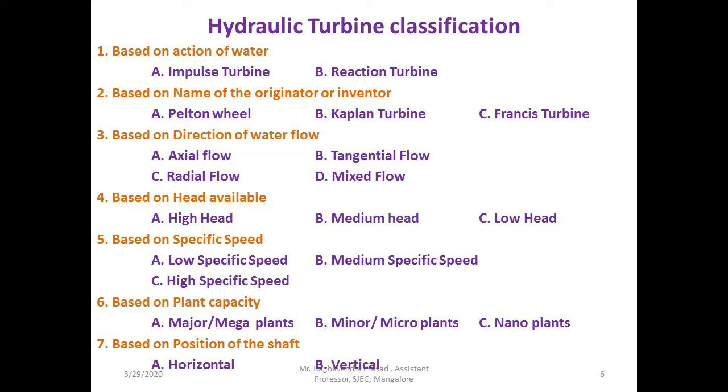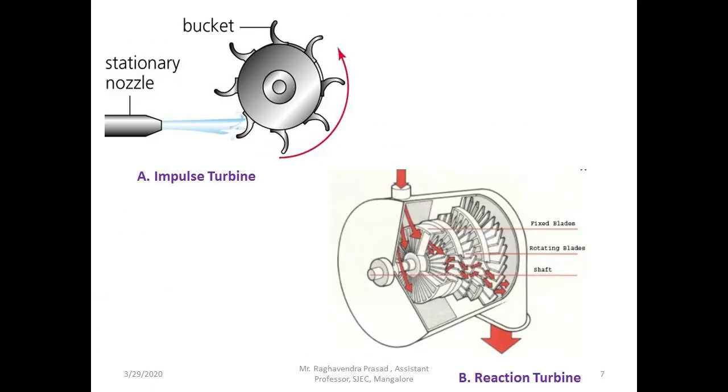Hydraulic turbine classifications. Based on the action of water, hydraulic turbines can be classified into impulse turbine and reaction turbine. If you see the slide, there are two diagrams. First one is the impulse turbine, and in the impulse turbine we can see there is a rotating wheel with buckets, and there is a stationary nozzle which supplies water in the form of a jet at very high velocity.